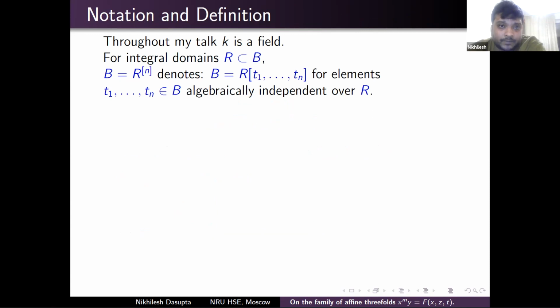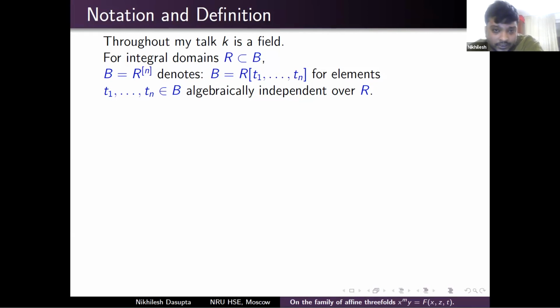So first, let us fix some notation and definitions. These might not be very familiar to all of you, but I have to follow them for simplicity. Throughout my talk, K will be a field. I will mention whenever I assume the characteristic to be positive or 0, or K to be algebraically closed, if needed. Every ring will be an integral domain, and Noetherian.